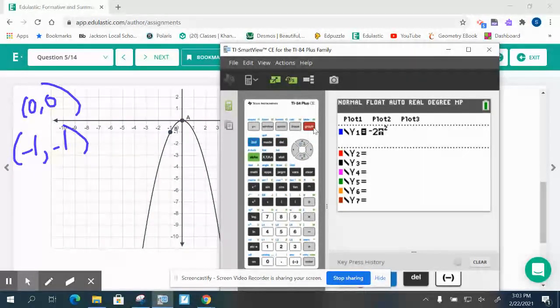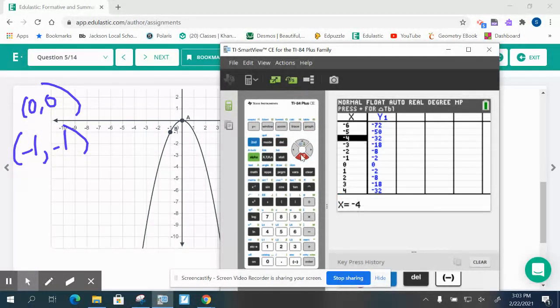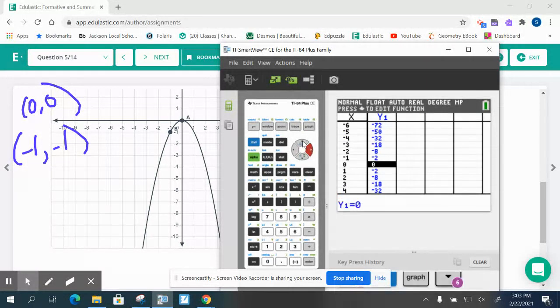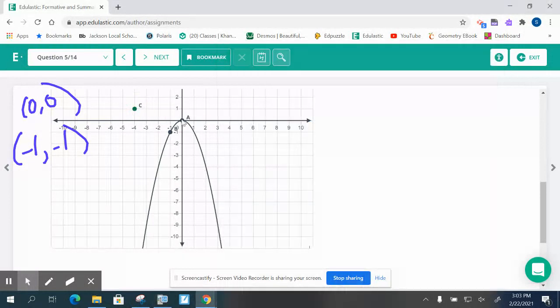I'm going to go second table, look for my symmetry. So it's 0, 0 again, but if I go 1 unit out from the vertex, instead of being at -1, we're now at -2. So our axis of symmetry, I'll drag this back over here, is still at 0, 0, but if I go 1 unit away from the vertex, I'm now at -2. Therefore, with the 2 in front, our graph is more narrow, therefore it's more steep.